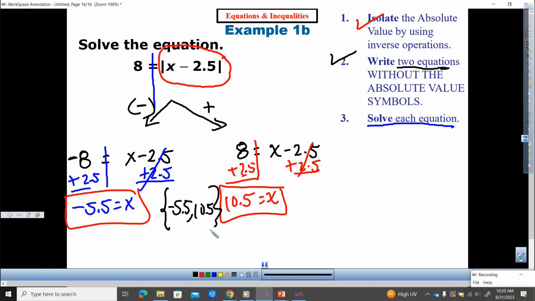That's how you write the solution set. All right. Not bad. Send me your notes, please, on that one.